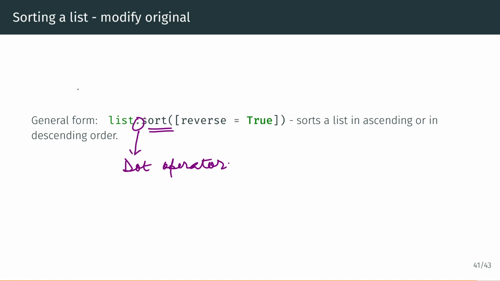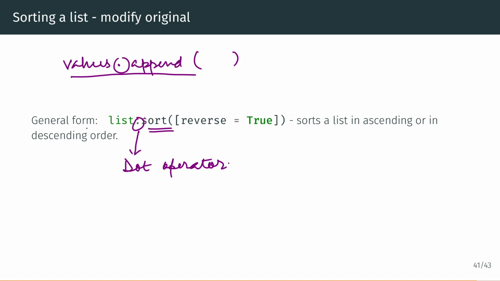Remember, when we append. Let's say we have a list of values, and if you want to append a value to this list, you would say values.append. That's where we have seen the dot operator before. As a rule of thumb, whenever you want to modify the original list, you would use the dot operator.